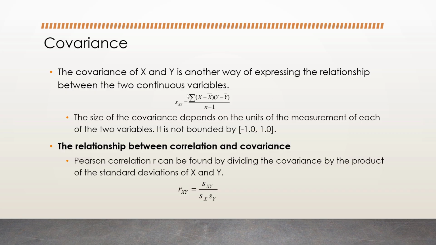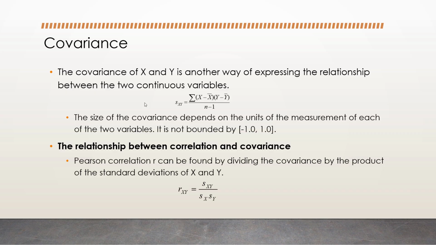Then, calculate the sum of those cross products for all individuals in the sample and divide it by the degrees of freedom n-1. The covariance is calculated without standardizing the variables, so its size depends on the units of measurement of the 2 variables. Unlike Pearson's R, it's not bounded by -1 to +1.